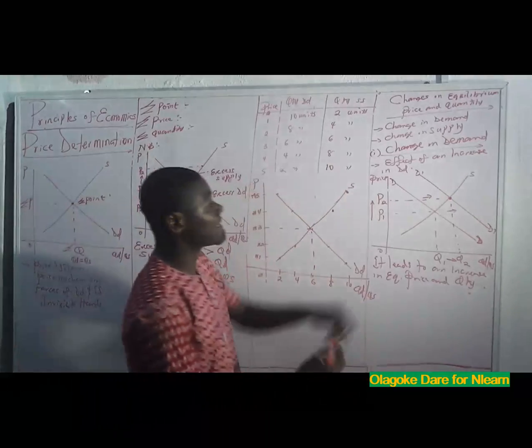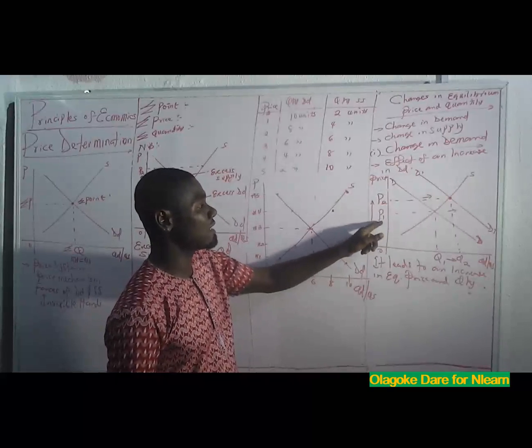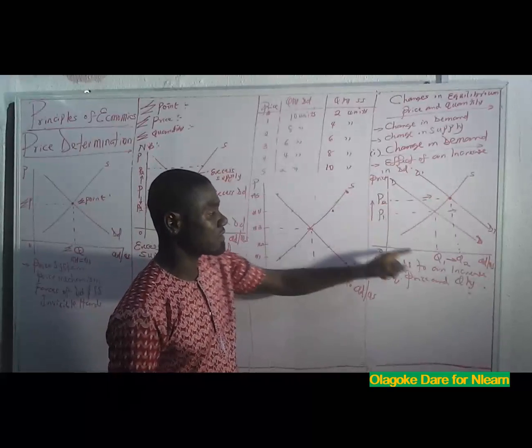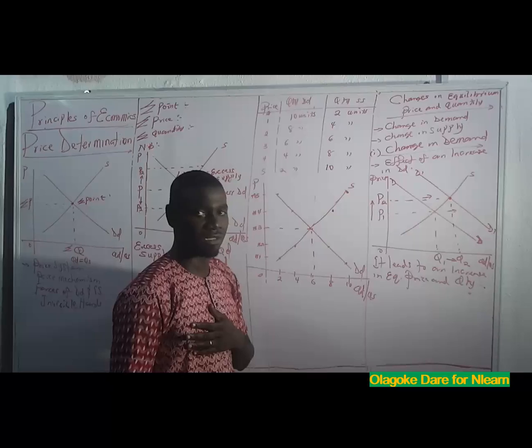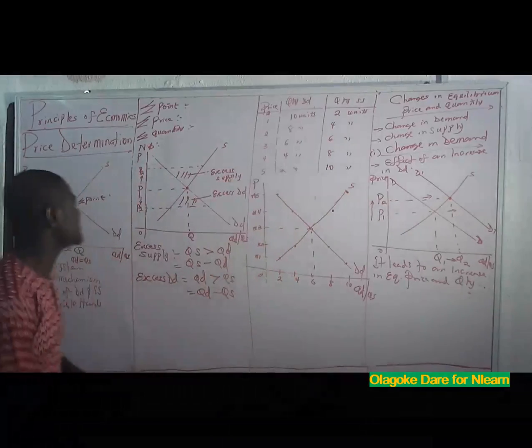So this increase in demand, without the corresponding change in supply, has led to an increase in equilibrium price and an increase in equilibrium quantity.